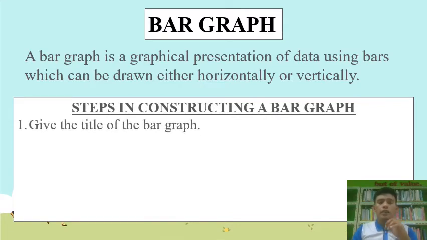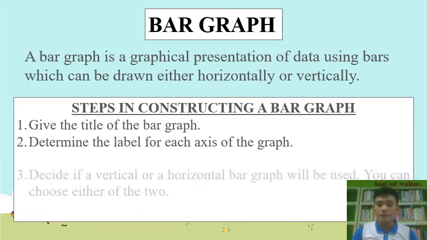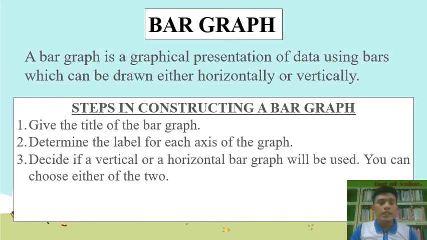First, give the title of the bar graph. So we need to determine the title of our graph. Second, we need to determine the label for each axis, the x and the y axis of the graph. The third one, decide if a vertical or a horizontal bar graph will be used.